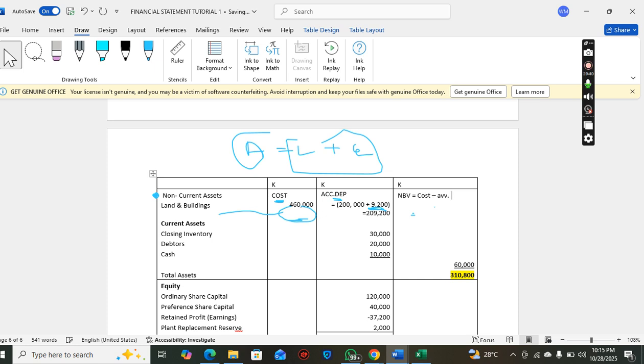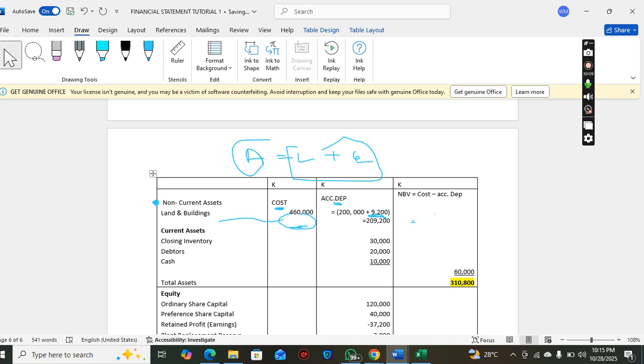So we're going to say 460,000 minus 209,200, you get 250,800. So this is the net book value of the land and buildings.